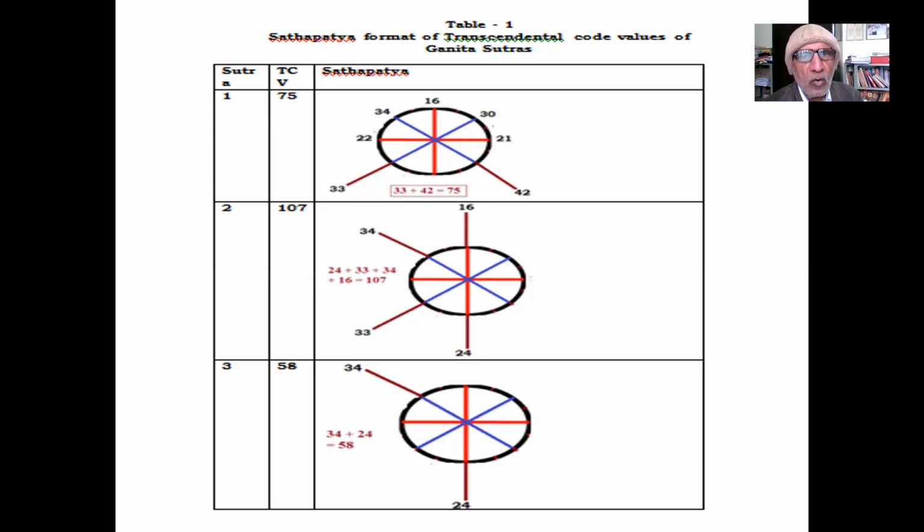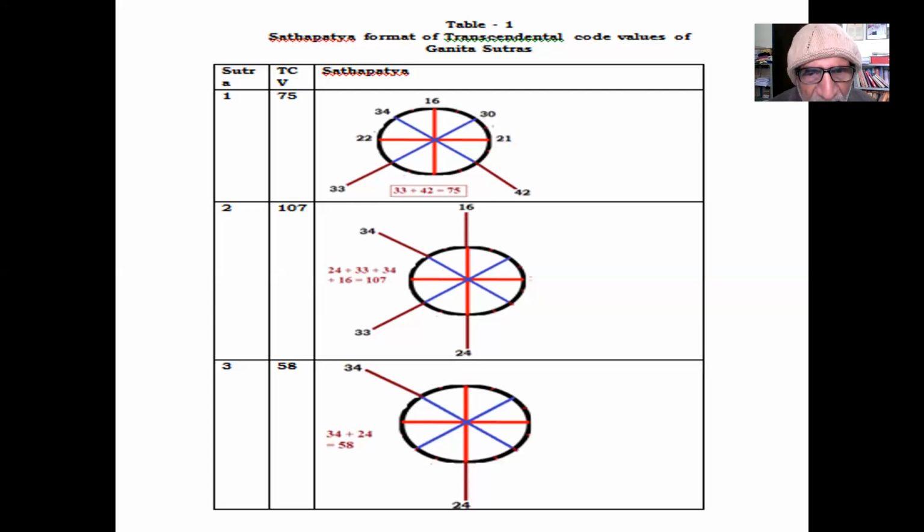Therefore, how this sequential dynamic phenomenon is sequentially manifesting as the transcendental code values of Ganita Sutras, beginning with Ganita Sutra 1 as of Transcendental Code Value 75, and at the phase and stage of second Sutra, Niklim Navastha Charmam Dashata, of Transcendental Code Value 107, at the next stage of Udharva Tiryak Bhyam, Sutra 3 of Transcendental Code Value 58 happens.